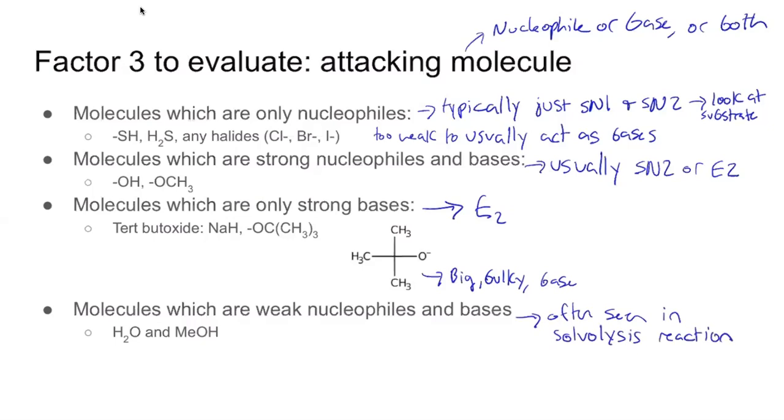And this group of attacking molecules, the ones that are weak nucleophiles and weak bases, usually do just SN1 and E1 because they're not strong enough to do any sort of concerted reaction.